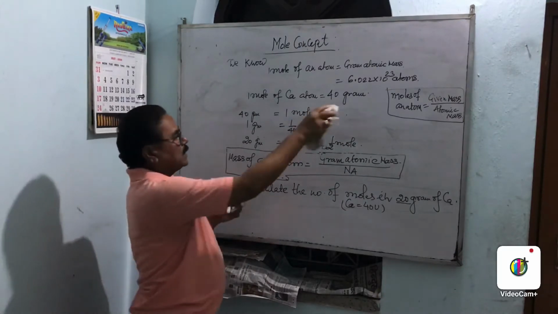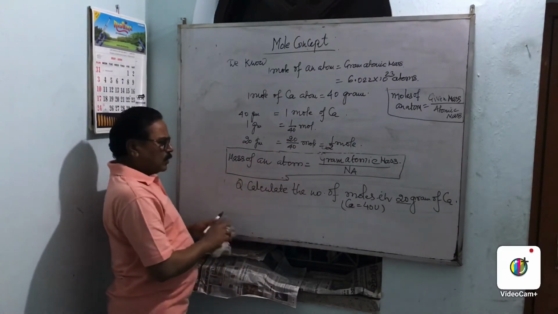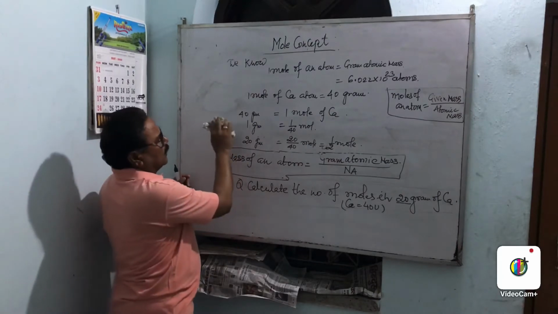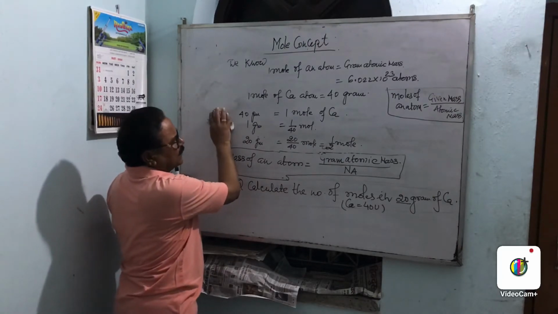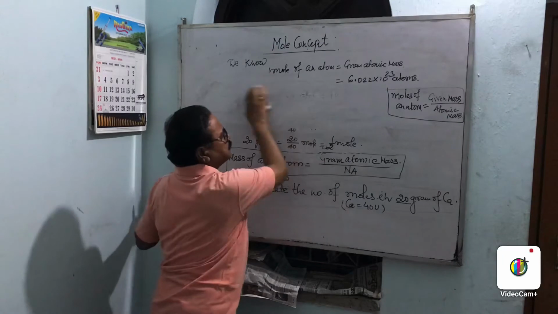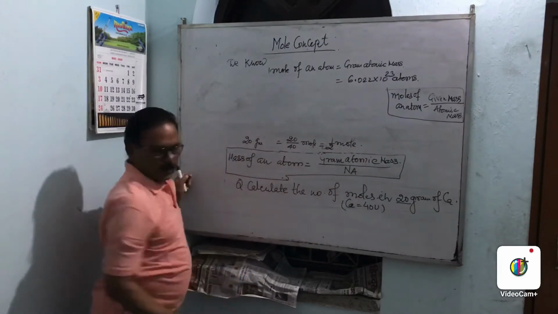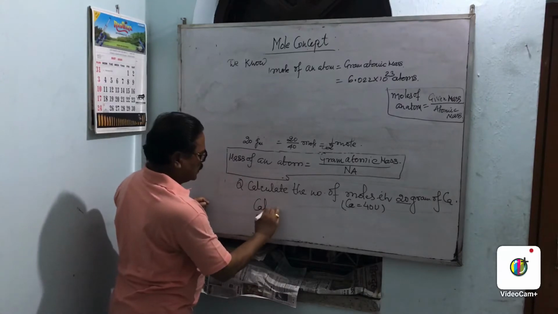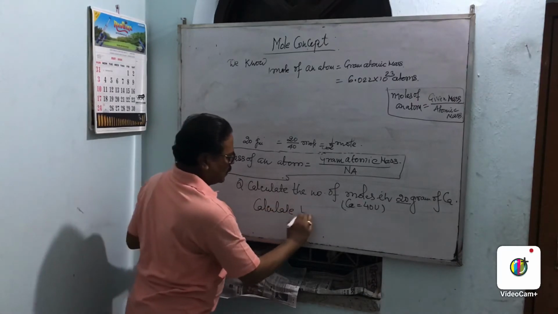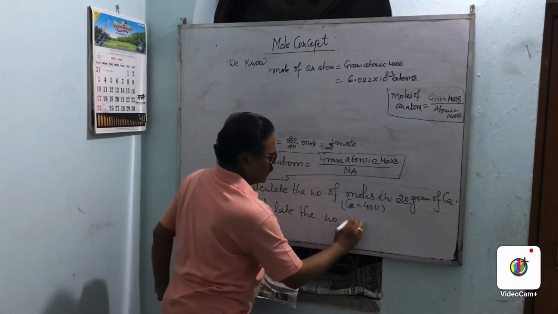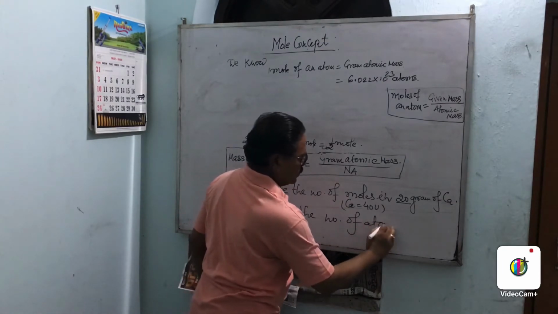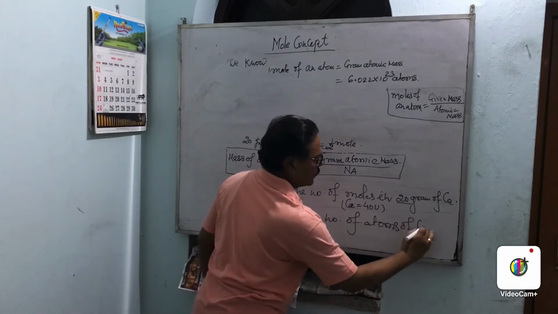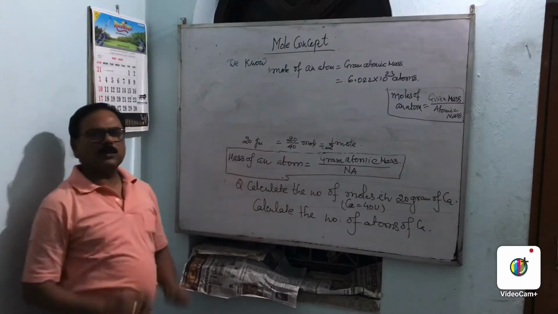So another formula is deduced. Now from this we are able to calculate another problem. Suppose you have been asked in that problem, calculate the number of atoms of calcium. So there are two ways to solve that problem.